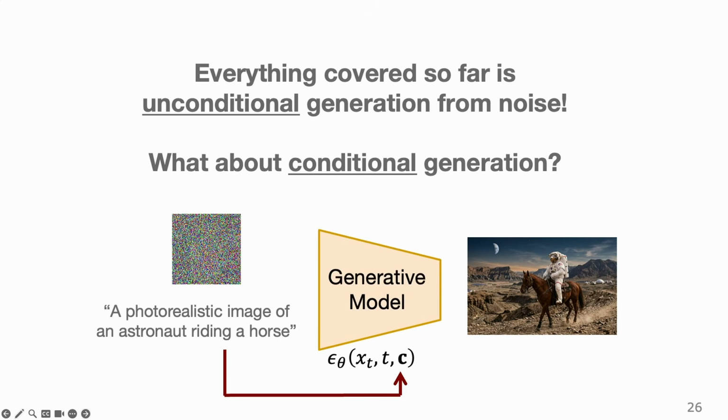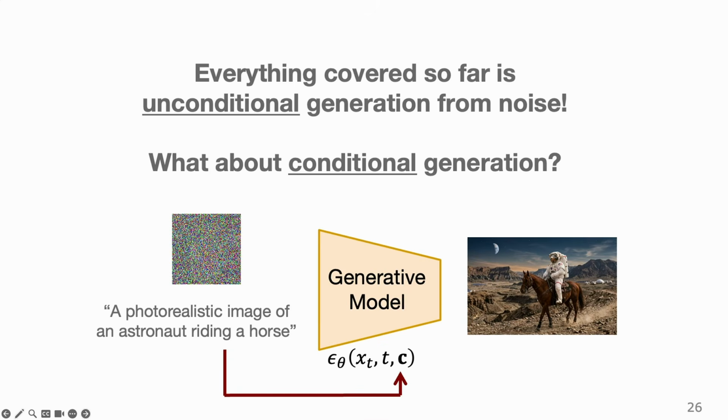One thing to notice is that everything we've covered so far is unconditional generation, right? So we are sampling from p(x), the marginal distribution of our data, with no control whatsoever over what comes out at the end of this generation process. And in practice, this is almost never what we want, right?